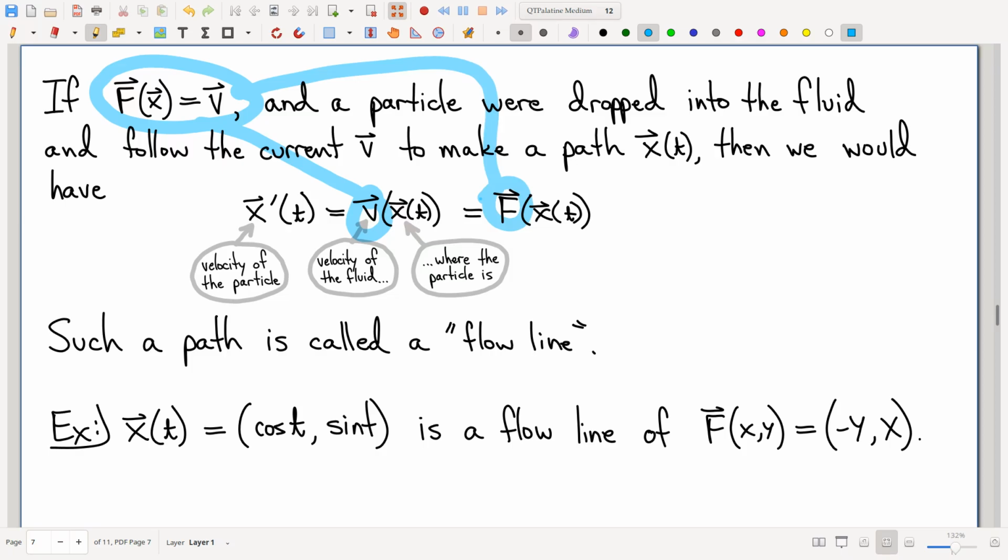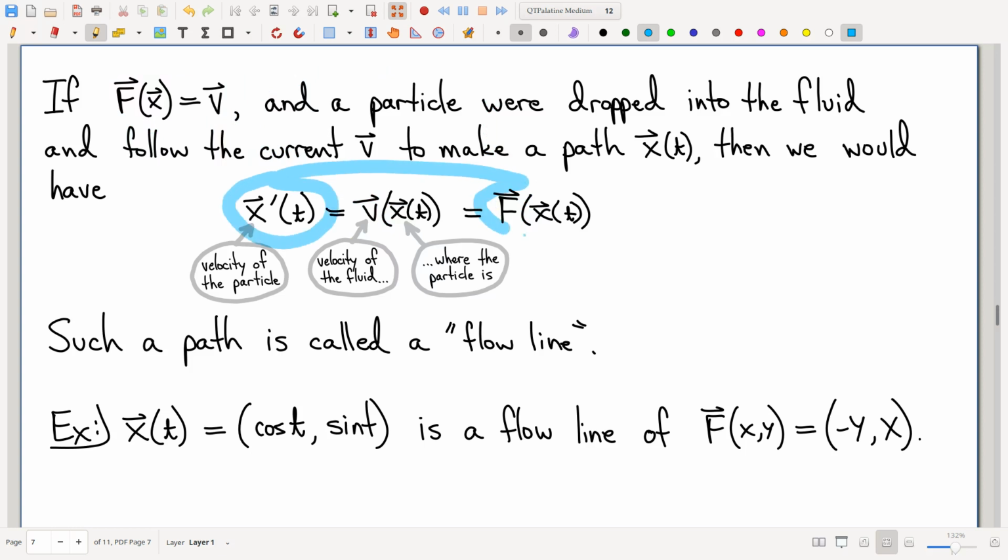Okay. All right, so altogether we have ourselves what's called a system of differential equations. So given a vector field, we have an equation here that involves the coordinates of position and relates them to the derivatives of the coordinates of position. So this is a differential equation.